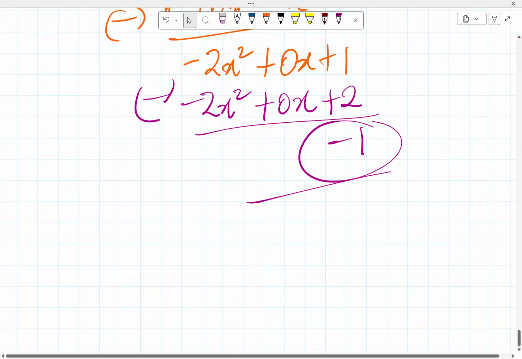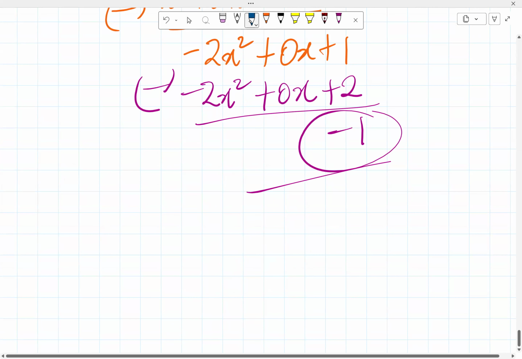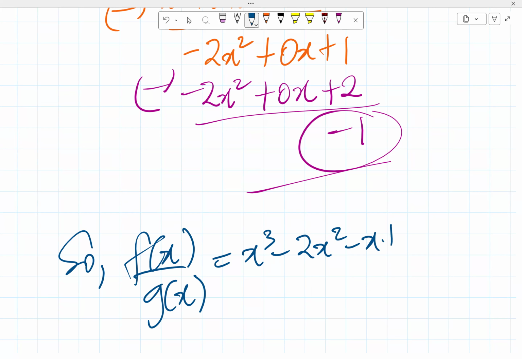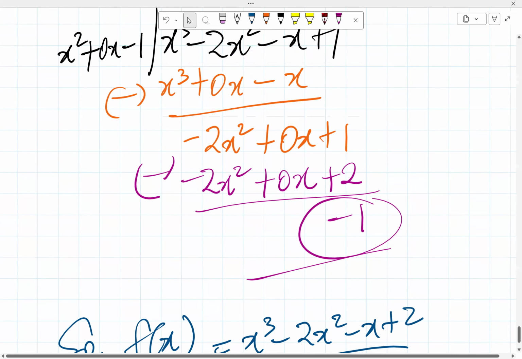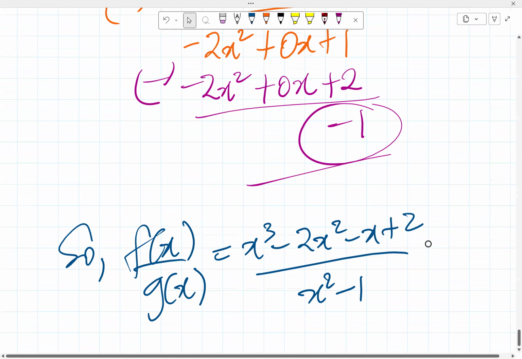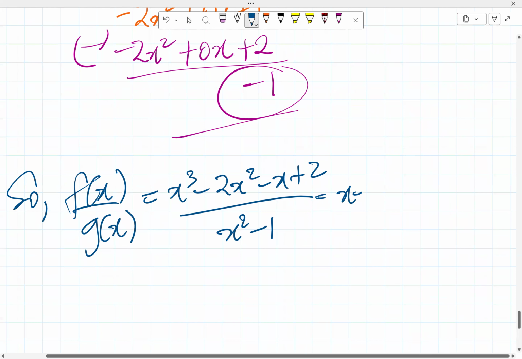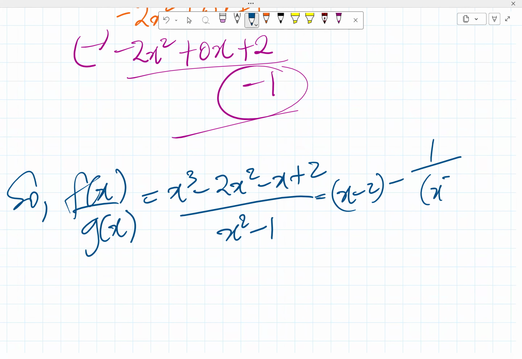So you can then say f of x over g of x, which is x cubed minus 2x squared minus x plus 2 all over x squared minus 1, is the same thing as what you got up there, which is x minus 2, plus the remainder, minus 1, all over x squared minus 1.